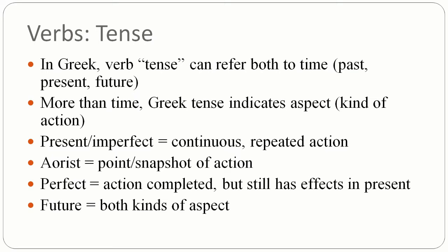There are echoes or lingering results that are significant, and the writer or speaker is drawing attention to that. Always pay attention to this whenever you have a perfect tense anything, whether it's a main verb or a participle, or anything that is perfect tense.